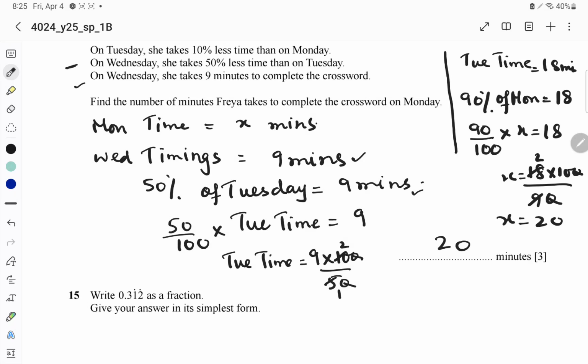Then on Tuesday she takes 10% less than Monday, so 10% less means 90% of Monday. So 90% of Monday is 18, because 90 and 10 make 100. That's why I took 90% rather than adding and subtracting later. So 90% of X is 18, and the timing on Monday was 20 minutes.